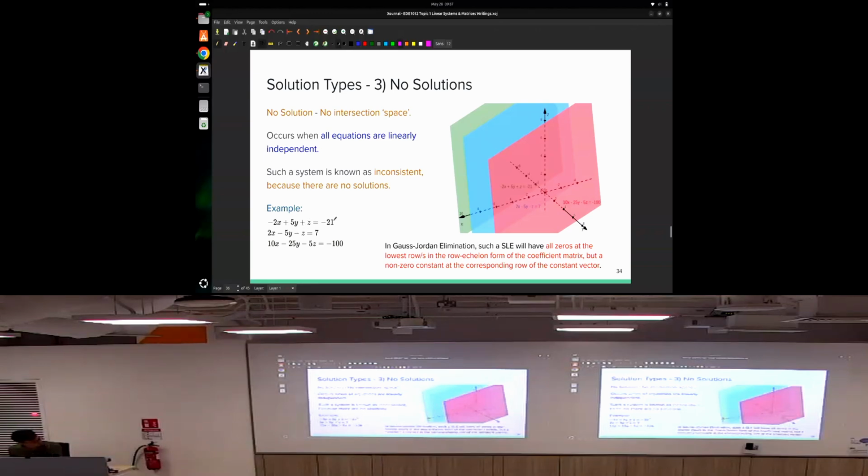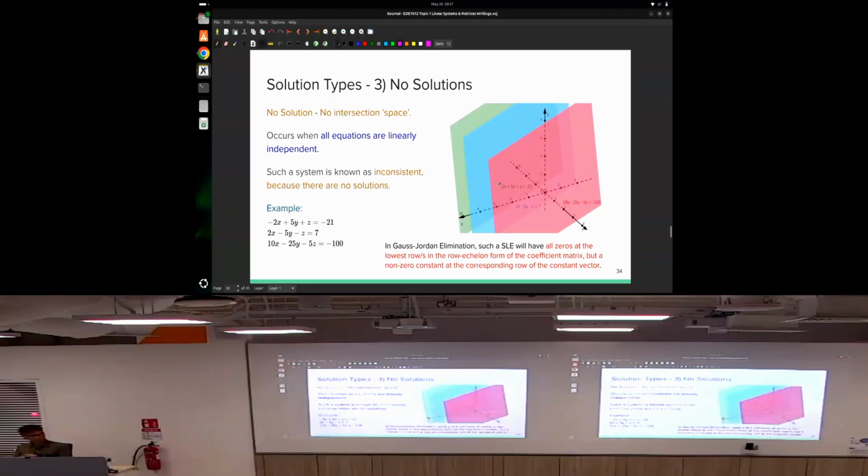But the right hand side is not differing by a factor of -1. So therefore these are two different planes. The same thing goes for the third one. The third plane is different from the second, and different from the first. So therefore they can never intersect. Never intersect means inconsistent, because there are no solutions.